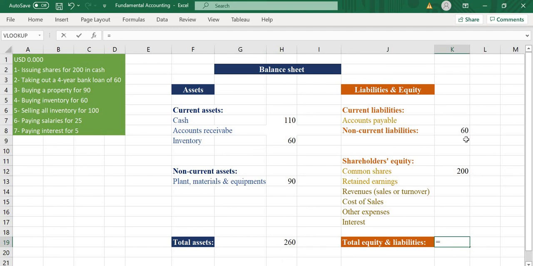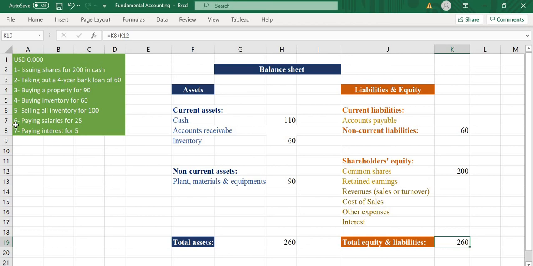Total equity and liability equal total non-current liability, current liability, and shareholder equity. Good. The company's balance sheet is still balanced: 260 for total assets and 260 for total equity and liability.